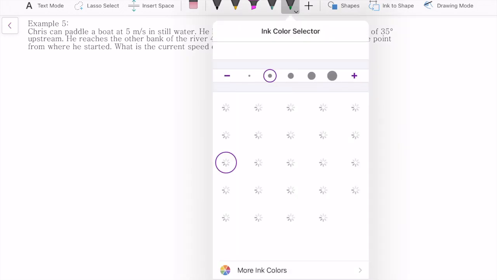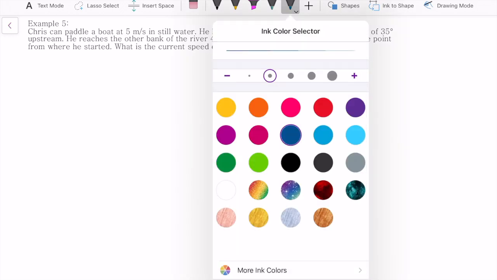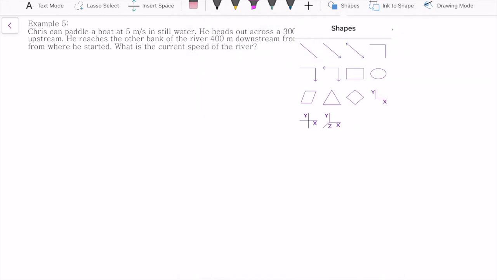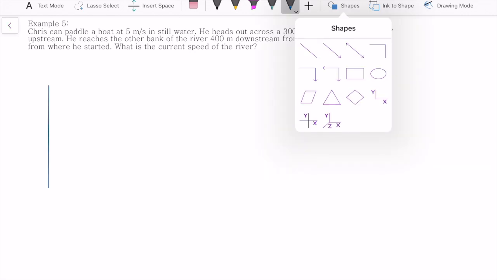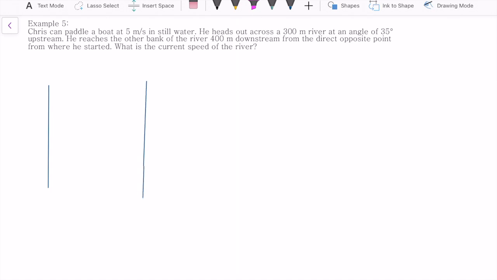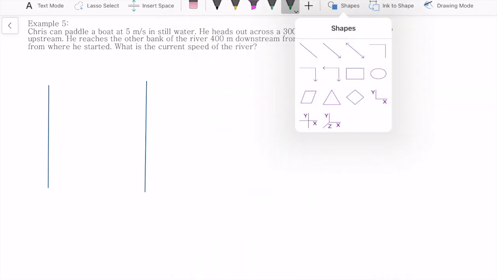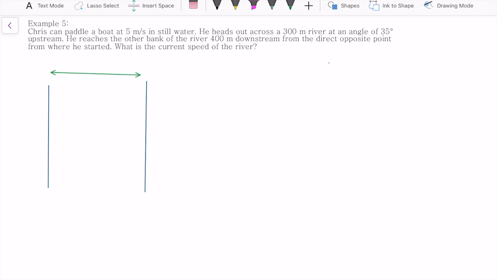First, as always, draw a diagram. It will help you greatly once you can visualize what you're actually doing. And this is my river. So it says that the river is 300 meters wide. So let's make it 300 meters wide.